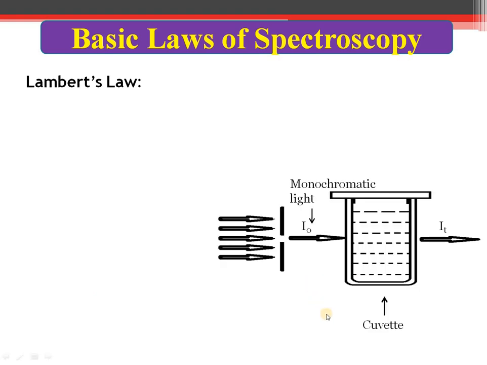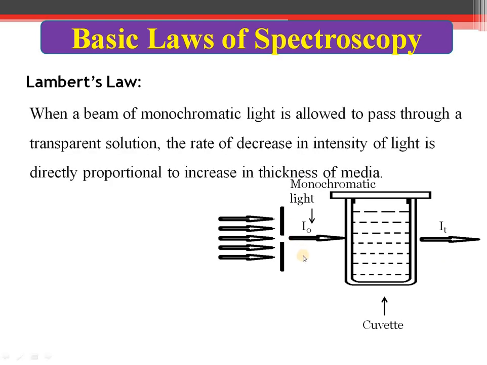Lambert's law deals with the path length of the media. It states that when a beam of monochromatic light is allowed to pass through a transparent medium, the decrease in the intensity of the transmitted light is directly proportional to the path length of the media. That is the statement of Lambert's law.